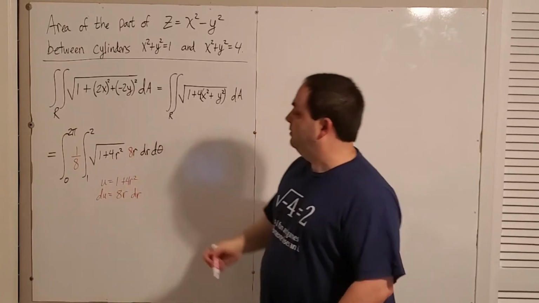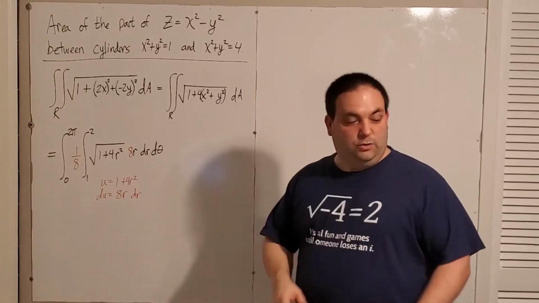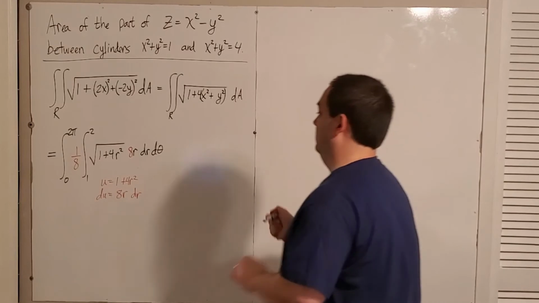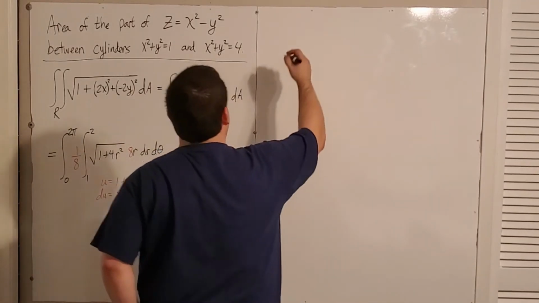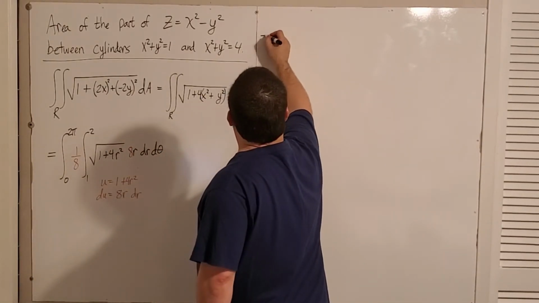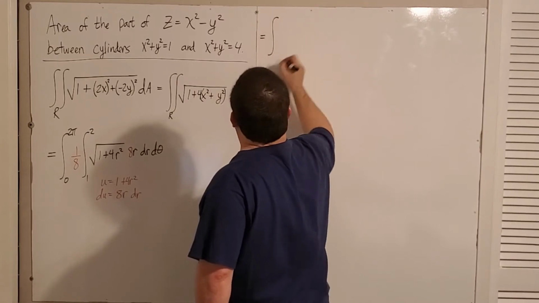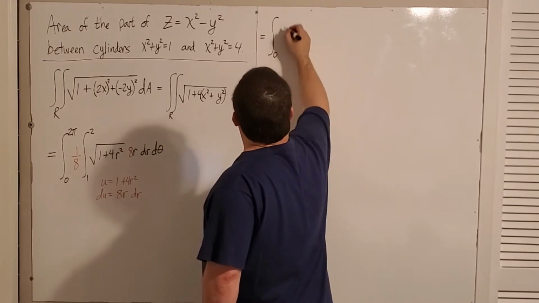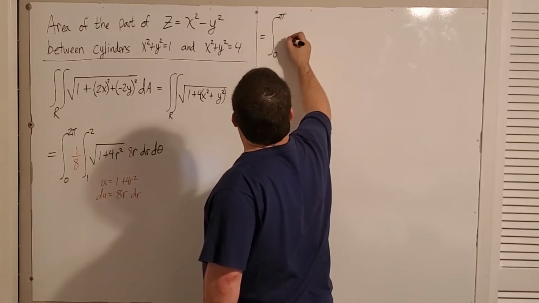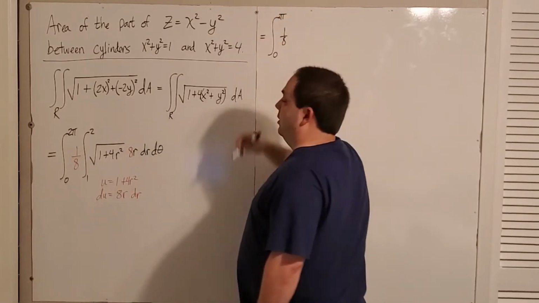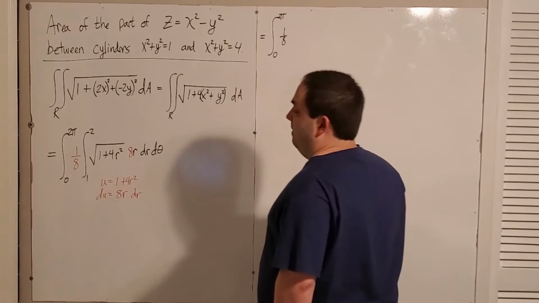Now I can do my substitution and do my antiderivative. So that's equal to the integral from 0 to 2 pi. I've got my 1 over 8. Should have brought that out. Okay, I'll do it next step.